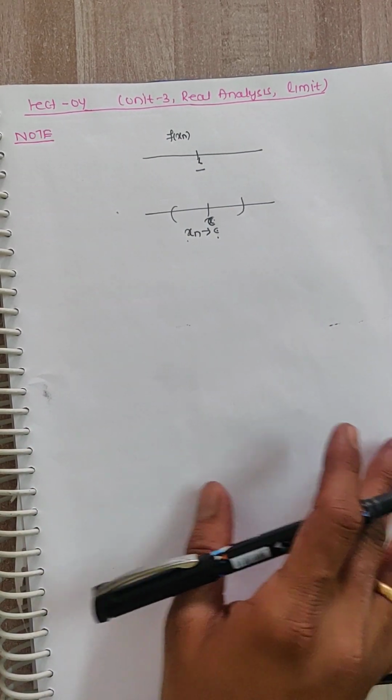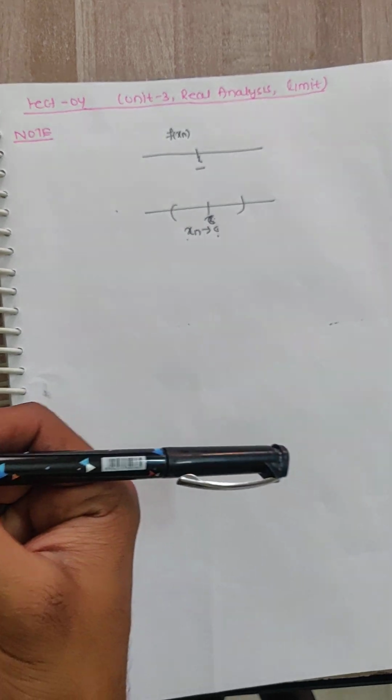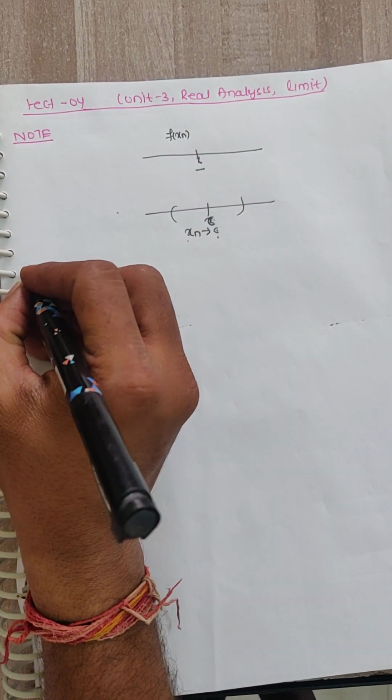But this theorem is mostly used to show the non-existence of a limit. How is it? I am writing the note.